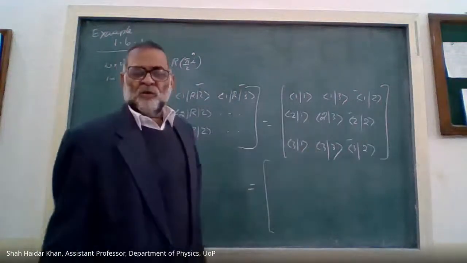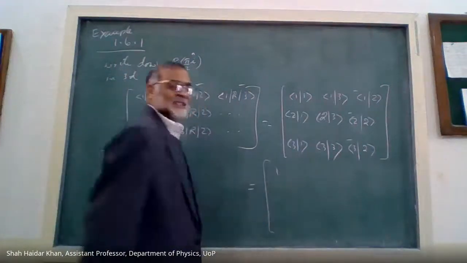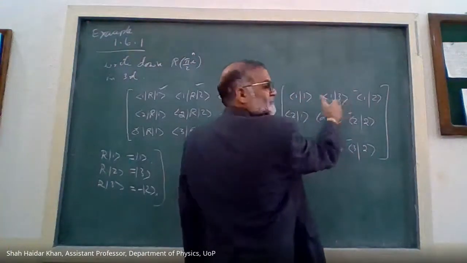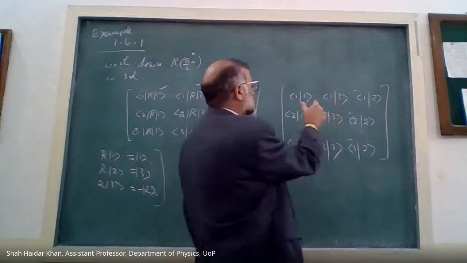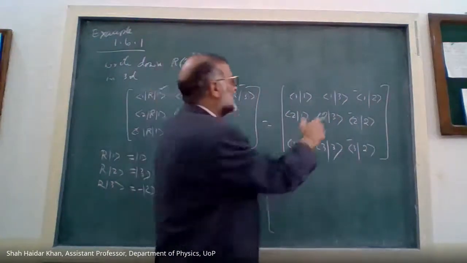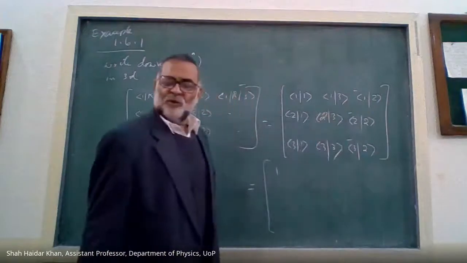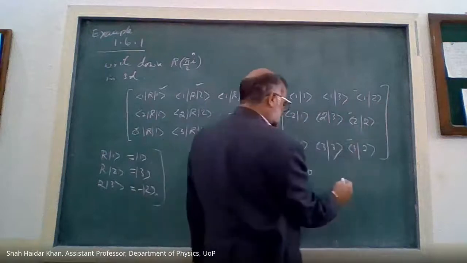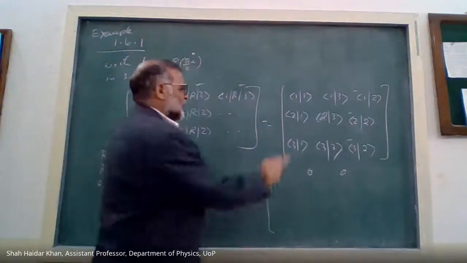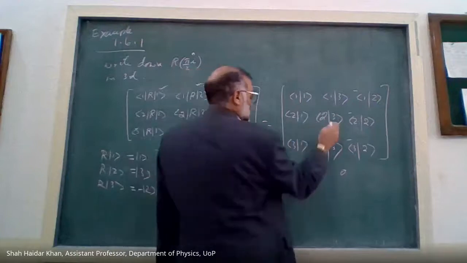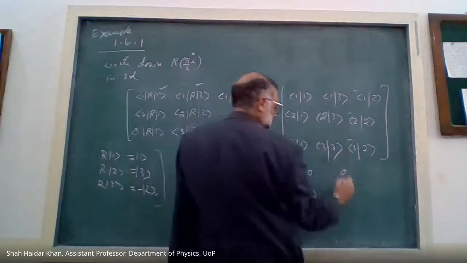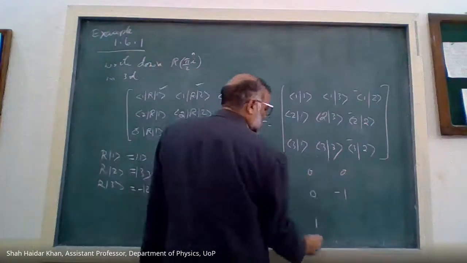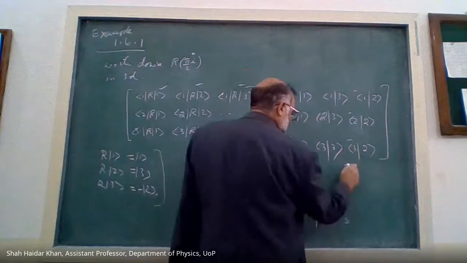So we can write this. 1 with 1 will be equal to 1, because they are normalized. I dot i is the inner product or scalar product. I dot j will be equal to 0, I dot k will be equal to 0, and similarly the others are 0, with one entry equal to minus 1 and another equal to 1.